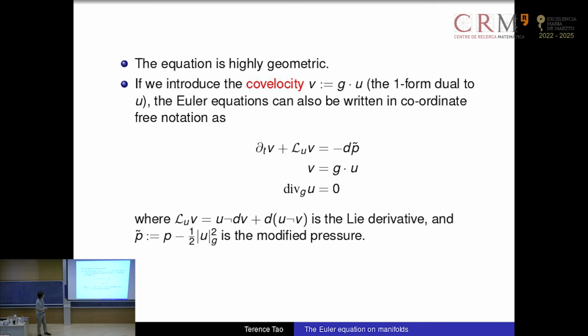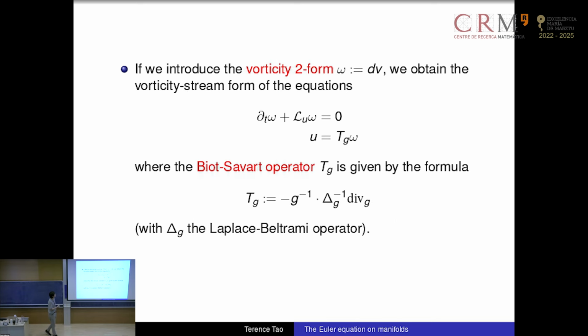The advantage of this form is that you can then take an exterior derivative and kill the pressure. If you define the vorticity 2 form to be the exterior derivative of the one form, then you get a simpler equation. So the Euler equations also transport the vorticity. The vorticity 2 form is transported by the velocity, now with no force.